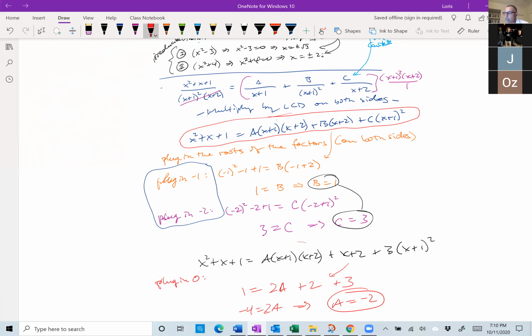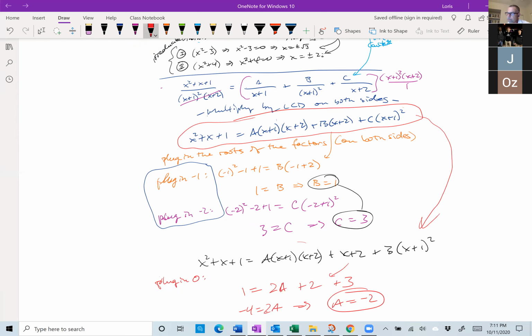And then I plugged in factors of the little parentheses one at a time to get B and C out of this. Sometimes you get A, whatever. Once I found B and C, I plugged those into this right here to find A, and I plugged in 0 for X. Now at this point, you'd have to plug in a number. So I plugged in 0 and I got A equals negative 2.